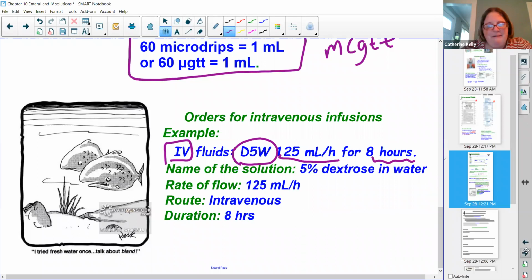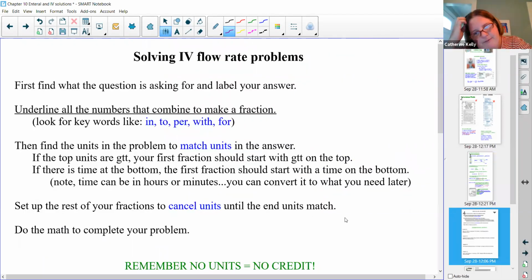I can hear it. So for IV rate flow problems, I wrote out a set of directions for you to easily solve these problems. You're first going to find what the equation is asking for and label your answer. Then you're going to underline the numbers that combine to make your unit fraction. And these are words that mean divide: into, per, with, for. So that's going to be your unit fraction.